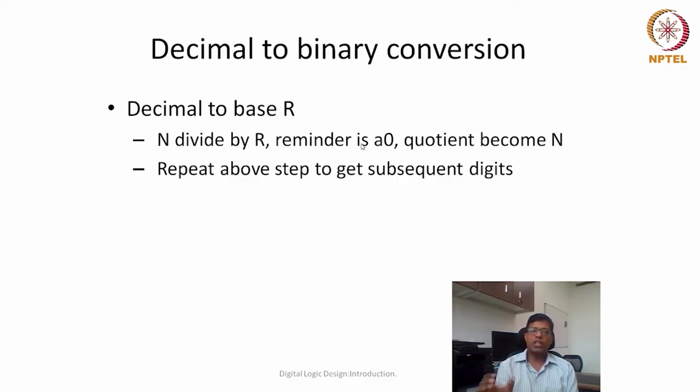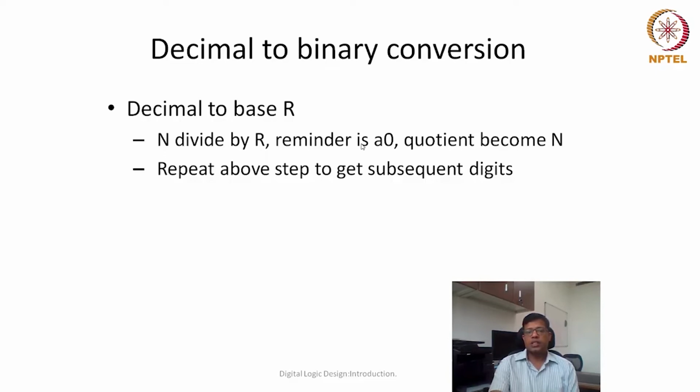What we do is divide this number n by r. Whatever is the remainder, that bit is a0, and the quotient becomes the new n. Then we keep on calculating, again dividing the new n by r, and the remainder is the next bit. So the subsequent bits we can keep on generating using this.